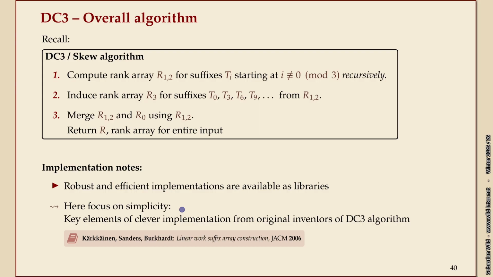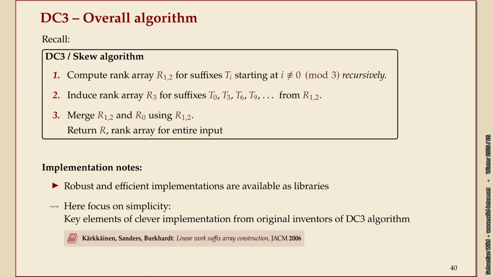These might no longer be the most efficient practical solutions, but I think there's still a certain gap from the description here to a clever implementation. And so I'll focus on some of the nice steps and show them in the most simple possible way. It's not the fastest possible way.